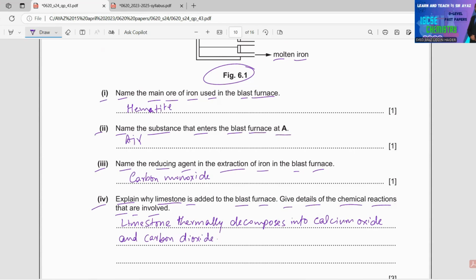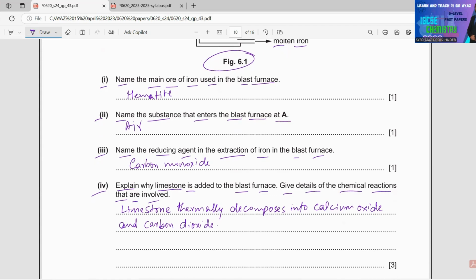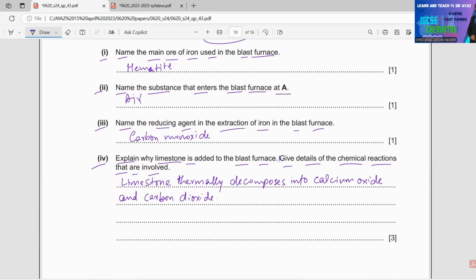Now this calcium oxide reacts with silicon 4 oxide producing slag. They are asking you to write the details of the chemical reaction, not the chemical equation. So you'll write the details. So I write calcium oxide reacts with silicon dioxide.